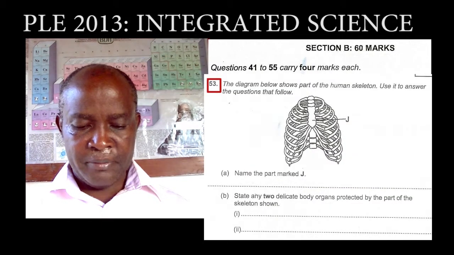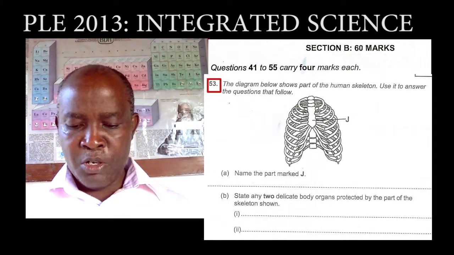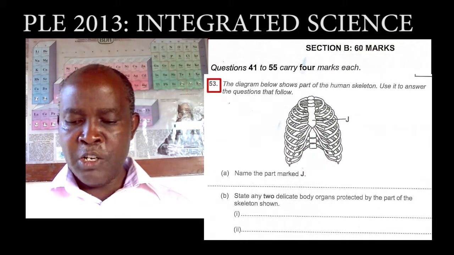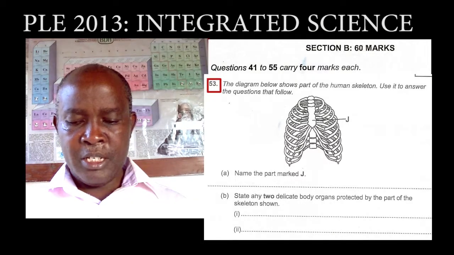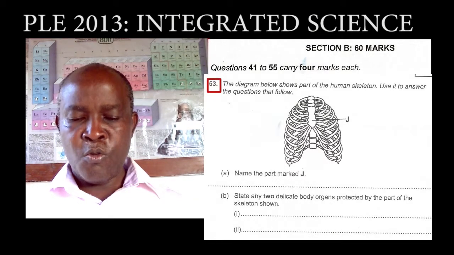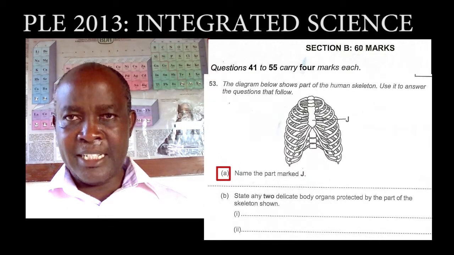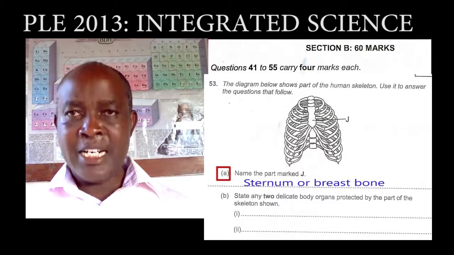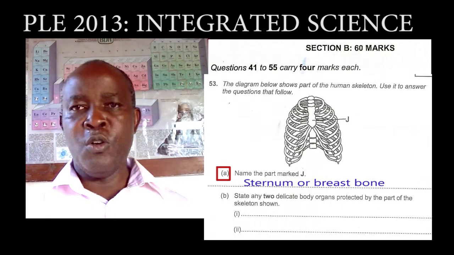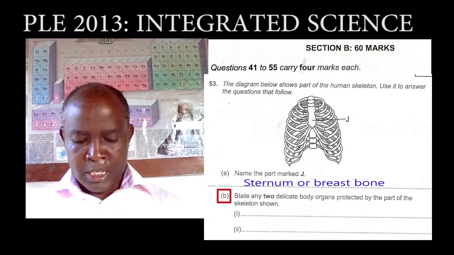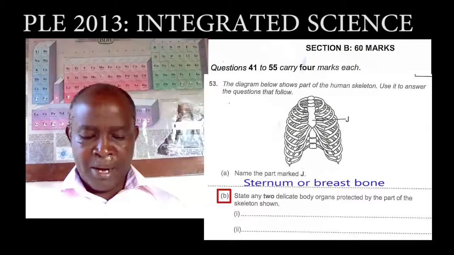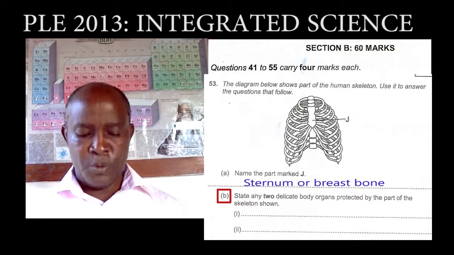Number 53. The diagram below shows part of the human skeleton. Use it to answer questions that follow. Name the part marked J. That is a sternum or a breastbone. State any two delicate body organs protected by the part of the skeleton shown.